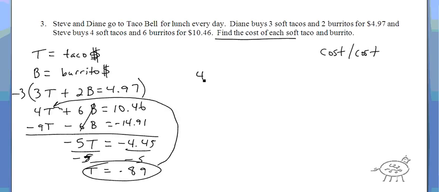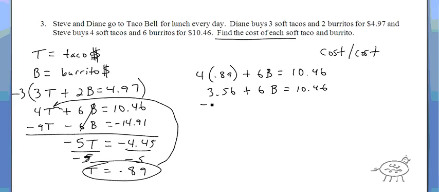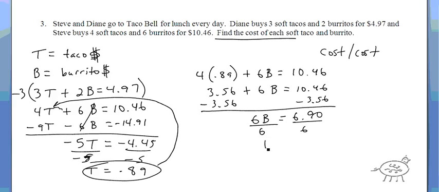So it's going to be 4t, so 4 times 0.89 plus 6b is equal to 10.46. So I get 3.56, multiply that out, plus 6b equals 10.46. Subtract 3.56, and I get 6b is equal to 6.90. Divide by 6. B is equal to 1.15.